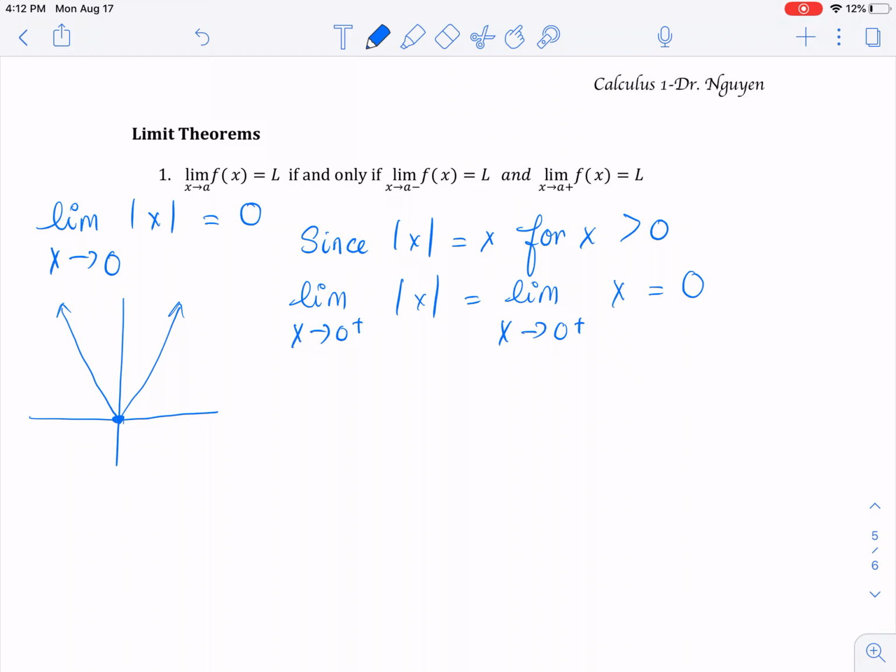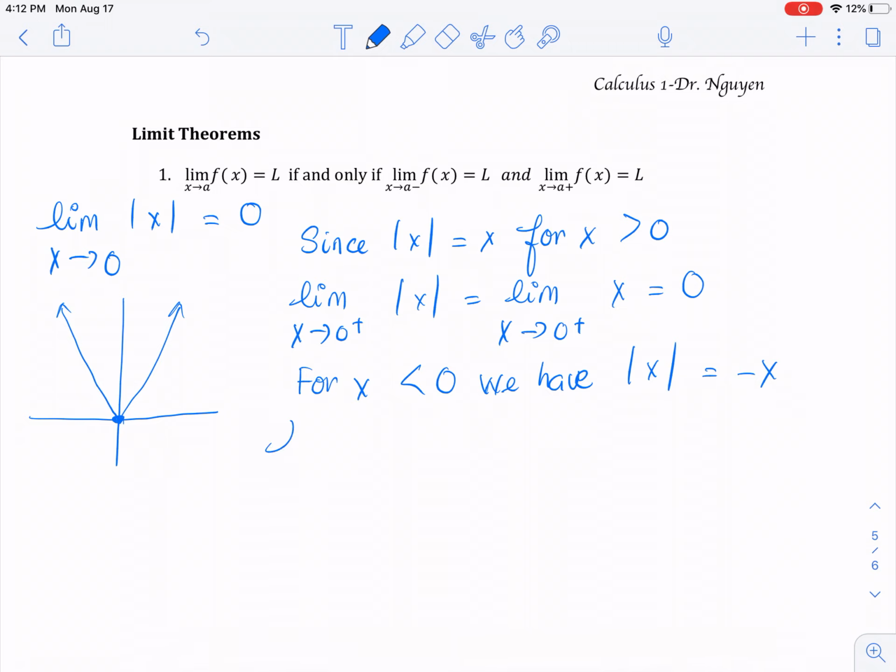Now, for the negative numbers, so for x less than 0, the absolute value of x is going to be negative x.